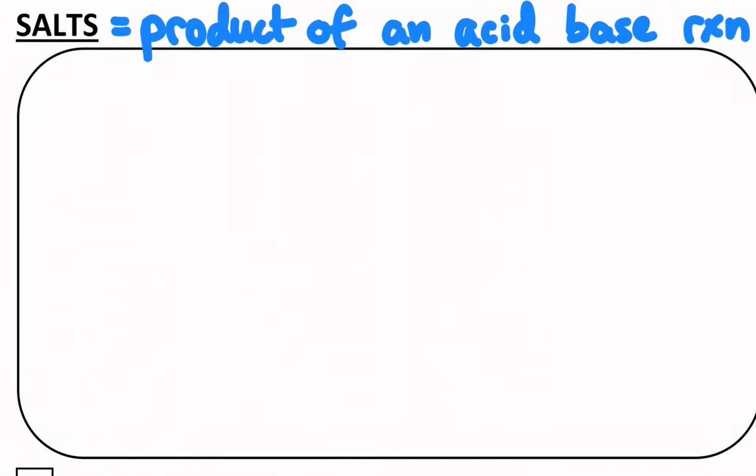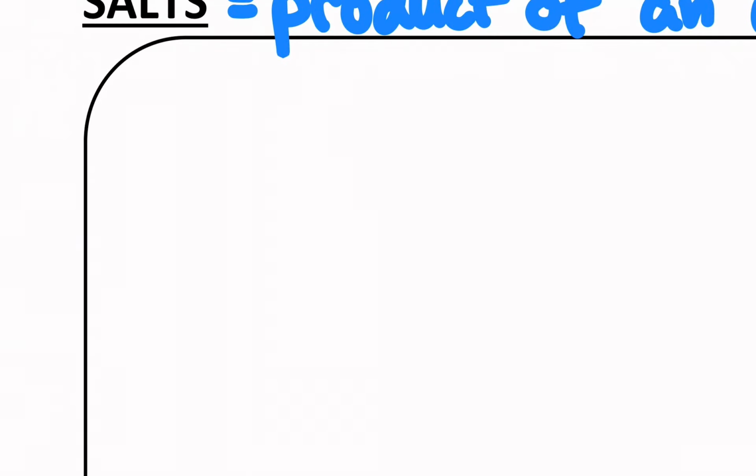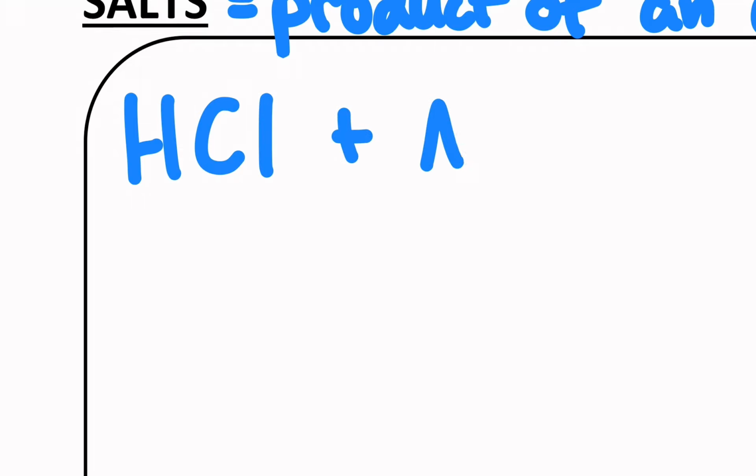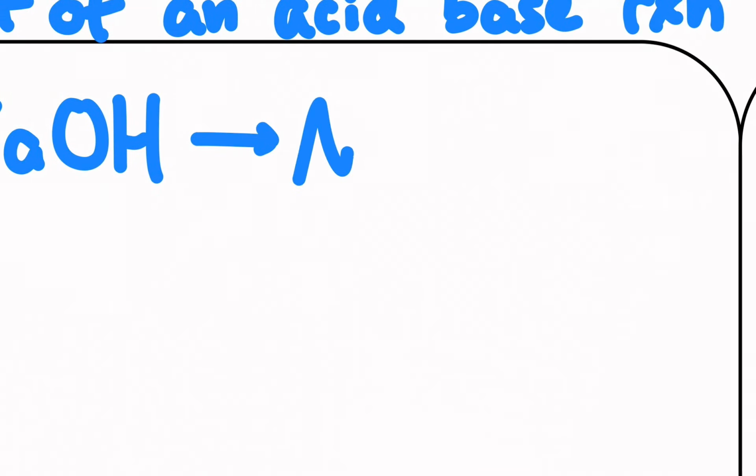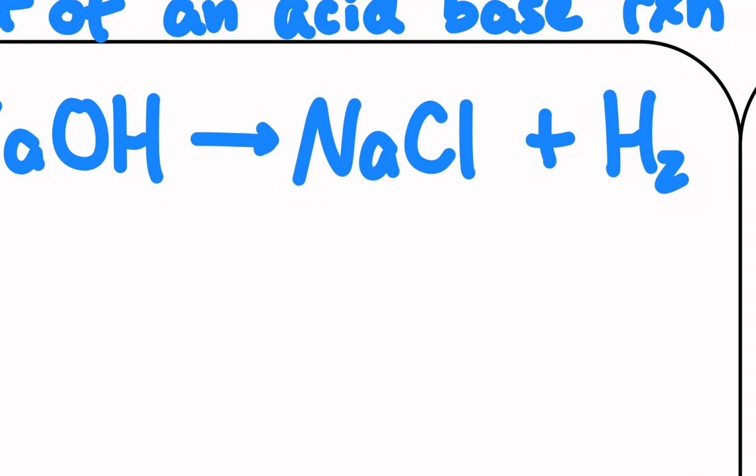First, let's review what you might have learned in an introductory chemistry class by drawing the product of a salt from an acid-base reaction. We'll choose the simplest acid-base reaction in the world, hydrochloric acid plus sodium hydroxide, to give sodium chloride, and in this case, water.